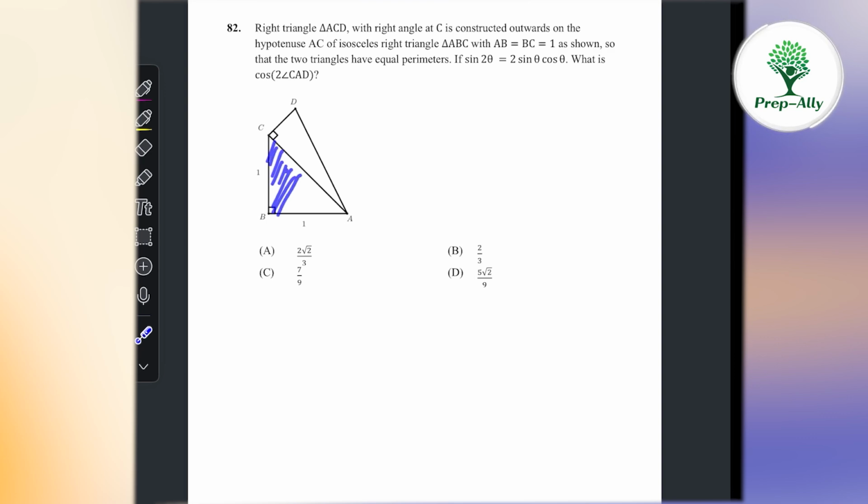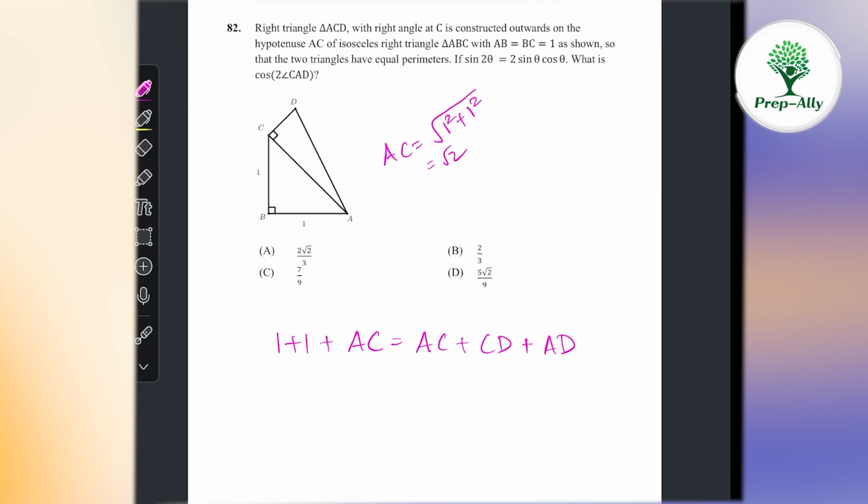This is the isosceles right triangle ABC, right, where AB equals BC equals 1, so that the two triangles have equal perimeters, right? So 1 plus 1 plus AC equals AC plus CD plus AD, and we can find AC out. AC equals square root of 1 square plus 1 square, which is equal to root 2, right? So the length of AC is root 2.